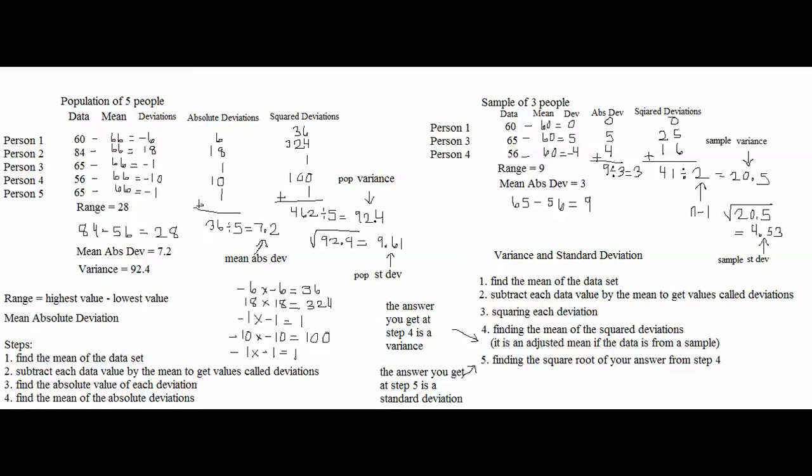So let's go back over here. One example of a population parameter is a population mean, which is the mean of an entire population. What could be an example?